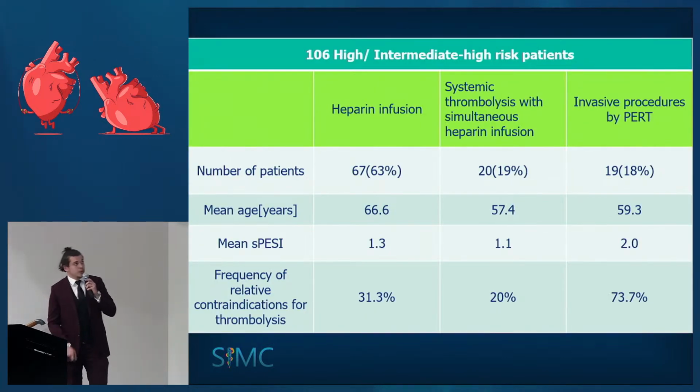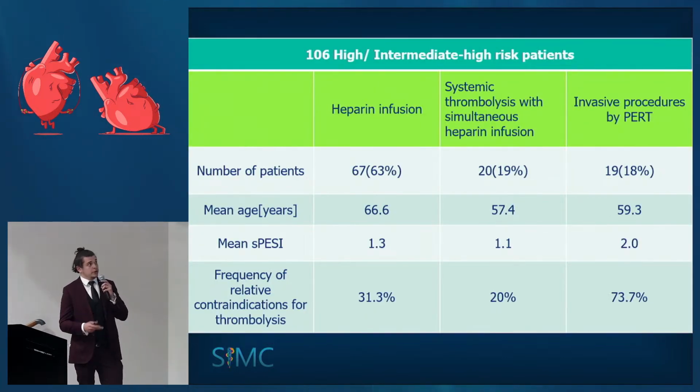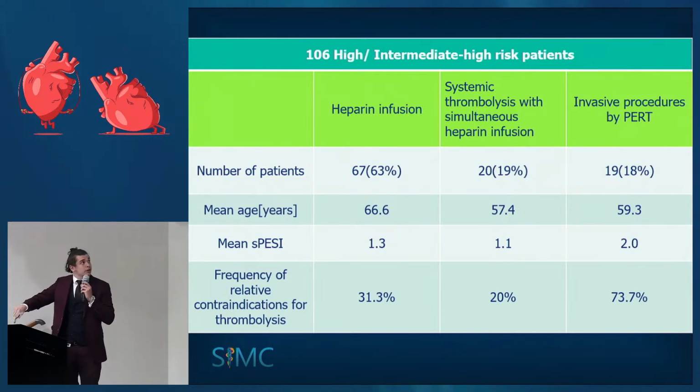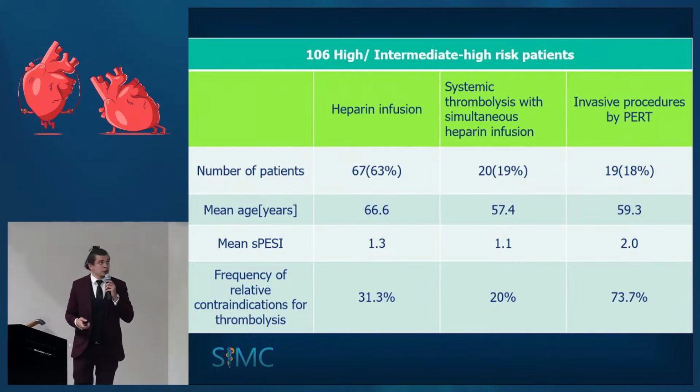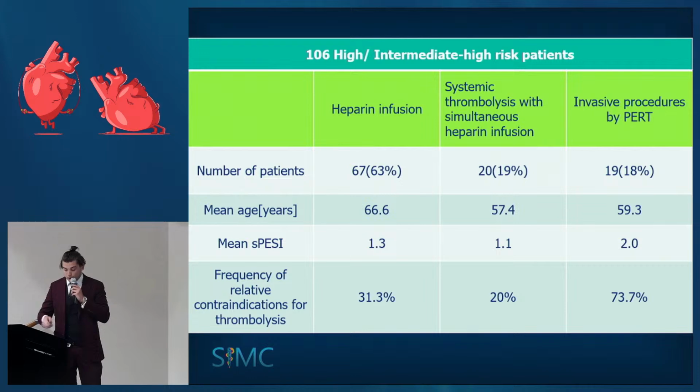Here's a comparison of the patients consulted by PERT, divided into 3 therapeutic subgroups: heparin only, heparin plus systemic thrombolysis, and invasive procedures performed by PERT. So the heparin only subgroup happened to be the largest group, and also happened to be the oldest on average, while on the other hand, the heparin plus systemic thrombolysis subgroup was the youngest and had the lowest PESI score.